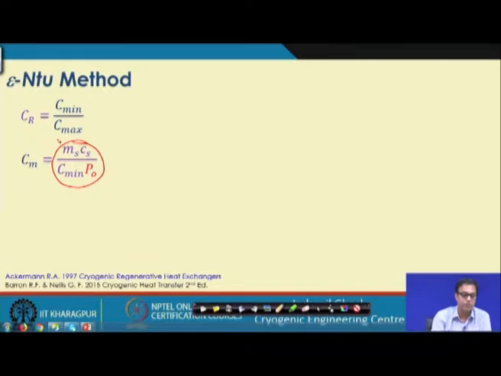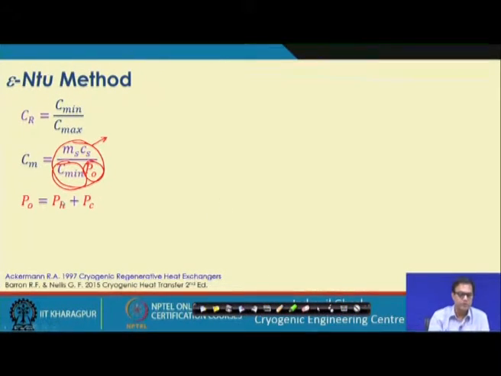This is a ratio where MSCS is the product of the mass of the regenerator matrix multiplied by the specific heat of the regenerator matrix, and you have C min, the minimum capacity fluid, multiplied by P0. P0 is the total time period, comprising both the hot and cold fluid time periods. So, Ph plus Pc equals P0.